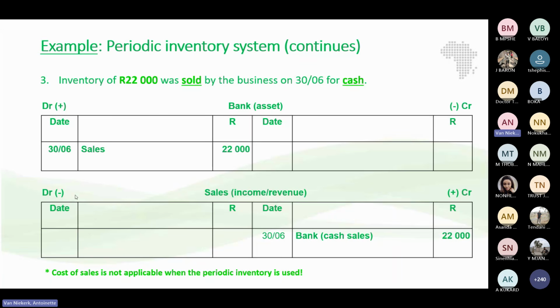Again, like I said, you use the description of the other account as a reference. Then I made a note at the bottom to remind you, cost of sales is not applicable when the periodic inventory system is used.